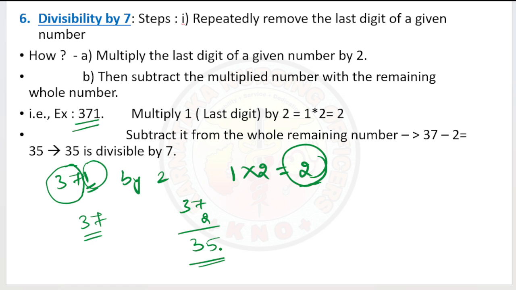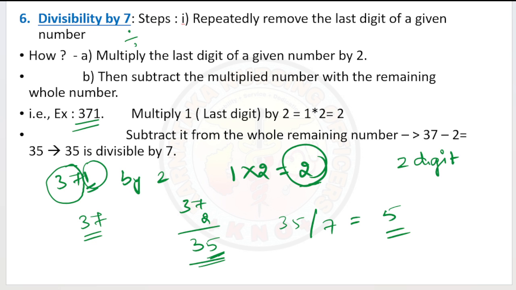Now we have to check whether this number is divisible by 7. 35 is divisible by 7. Yes, 7 5 is 35. Hence we can say that 371 is divisible by 7. These two steps must be repeated until you get a 2-digit number, by eliminating the last digit. Understood? So this is called the rule of divisibility by 7.